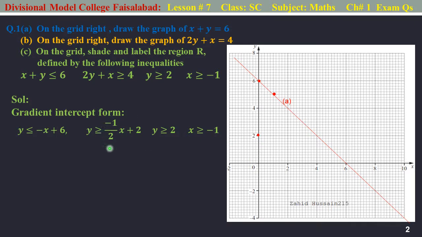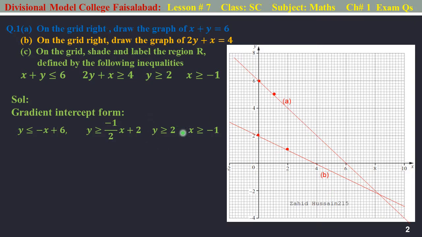Its gradient is minus 1 by 2, that is, its rise is minus 1 and run is plus 2. So from here we will move 1 unit downward and 2 units to the right side, and we will place a dot, and joining these 2 points we will get a straight line. Label it as B because this is the graph of part B.